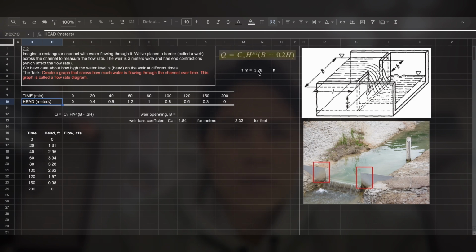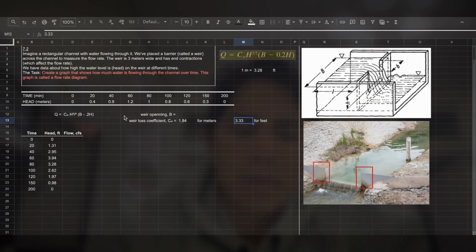Now you can solve this equation with the values in meters. The only difference is that the weir coefficient would be 1.84 for meters. But if you want to solve for feet, you use 3.33. You can solve it for meters, but the book solves it in feet.